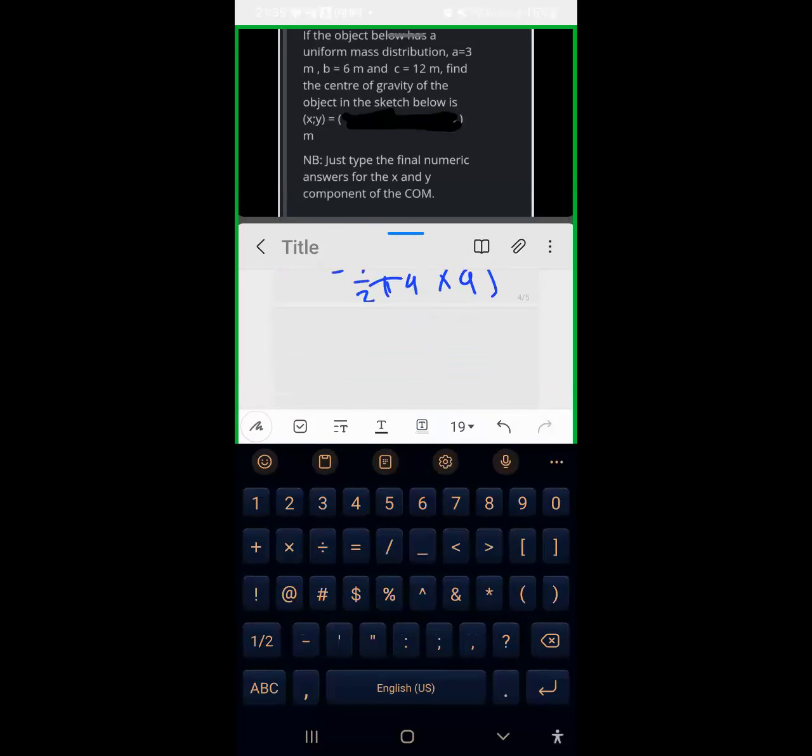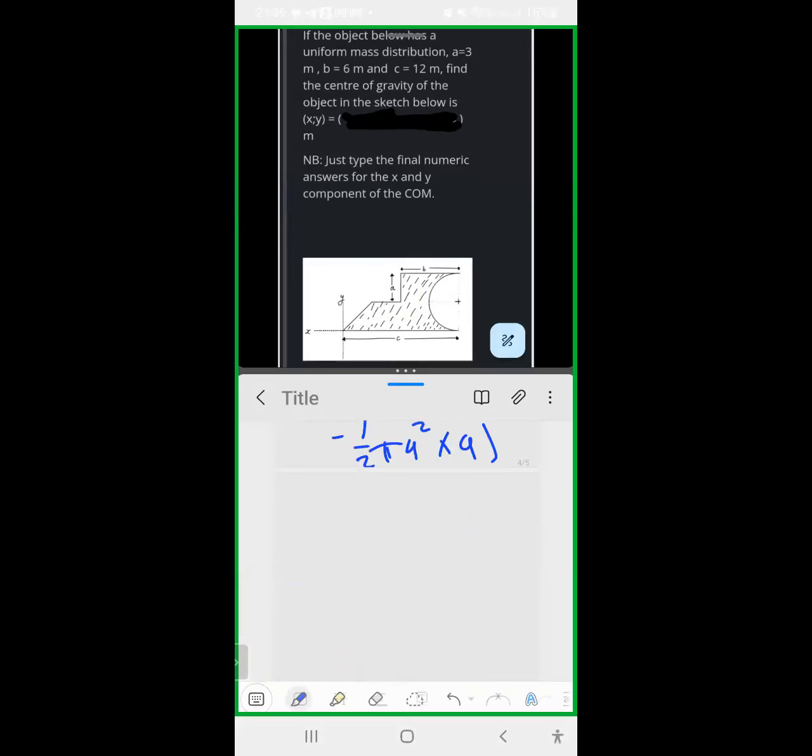And after substituting, you will find that the y center of mass is 2.36 meters.